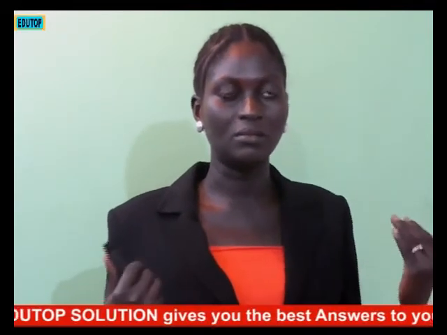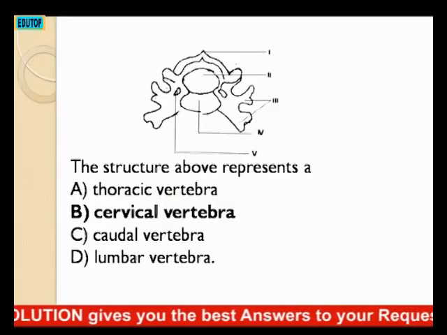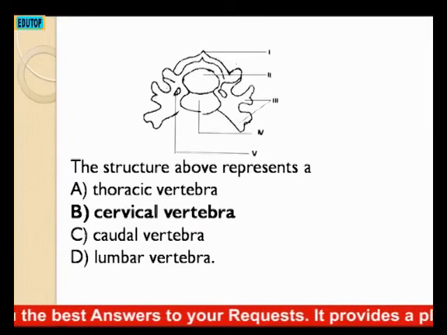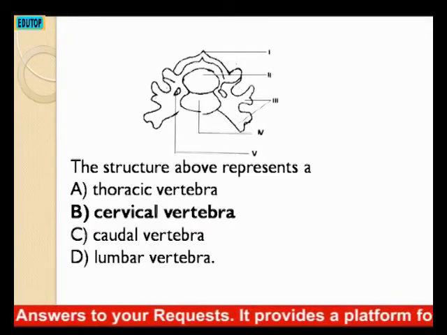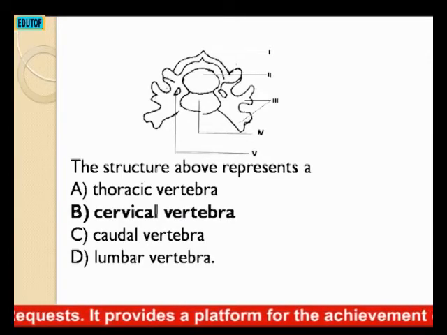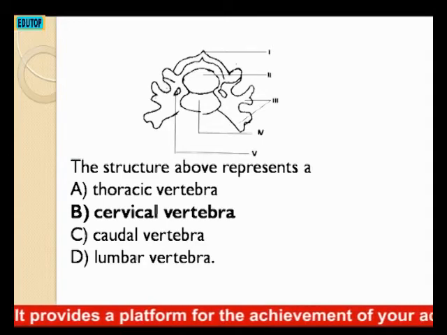The next question is a diagram showing a typical cervical vertebra. That's part of the axial skeleton. It says the structure above represents a what? I've already answered that.